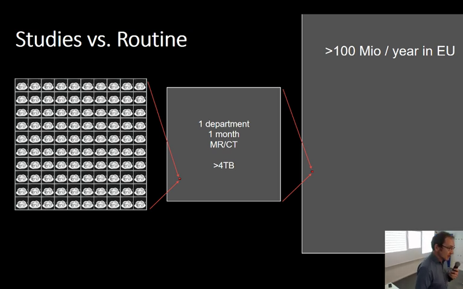What if we could make our medical decisions based on all of the patients in all of Austria or all of the EU? What could we do with that? And there's a lot of data out there. So the data is there, not always easy to get, but it's there.